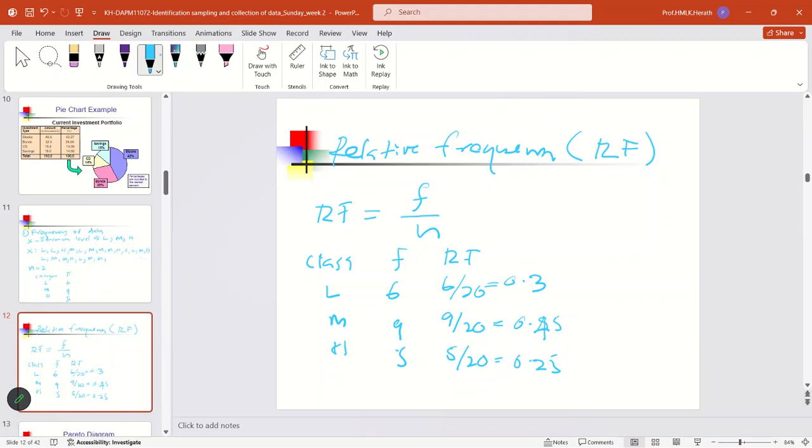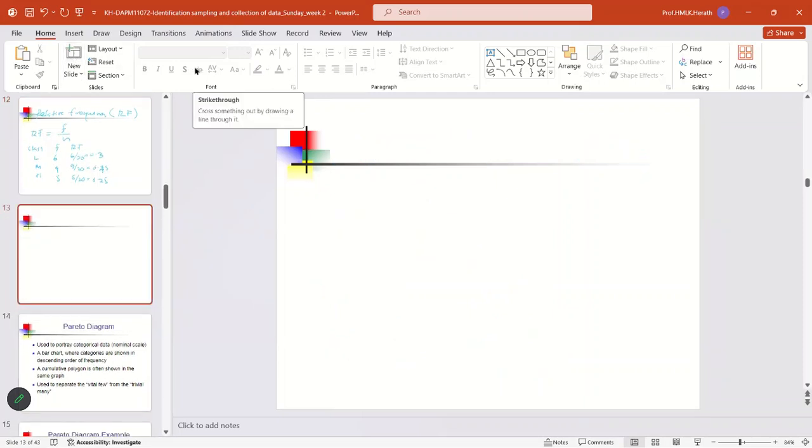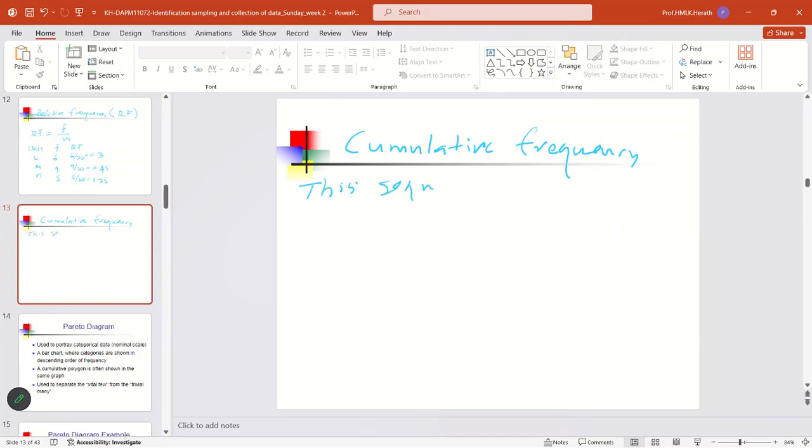Right. And there is another concept which is called cumulative frequency. So that is the sequential summation of frequencies.